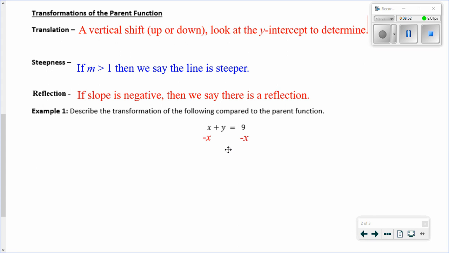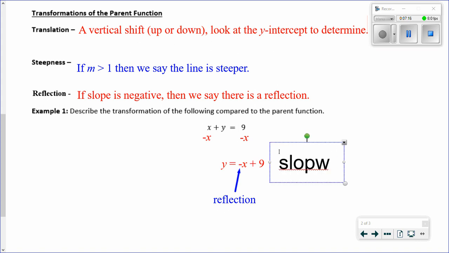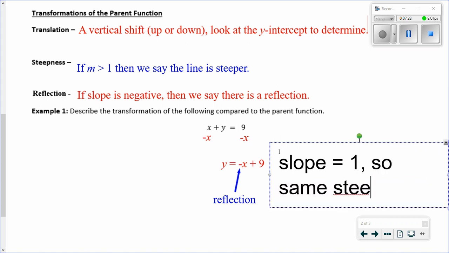So now we have the equation, y equals negative 1x plus 9. Okay? The negative sign tells me there's a reflection. The slope is 1, so just because the number is 1, it's going to be the same steepness. So slope equals 1, so same steepness.